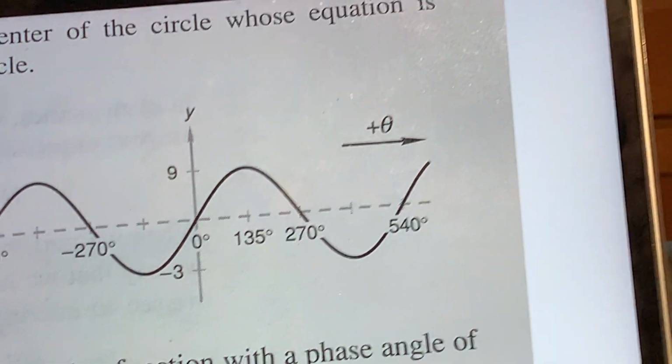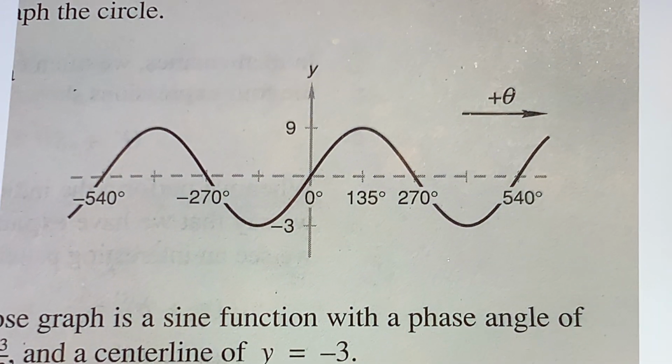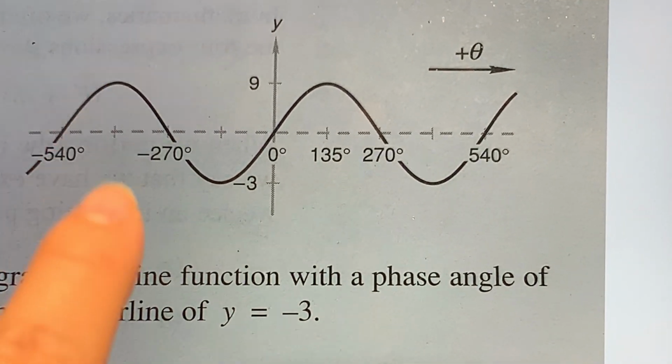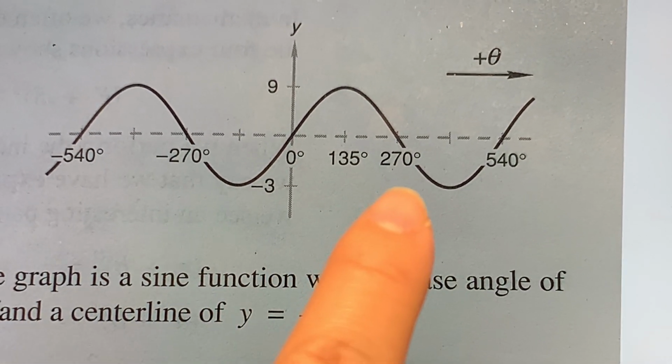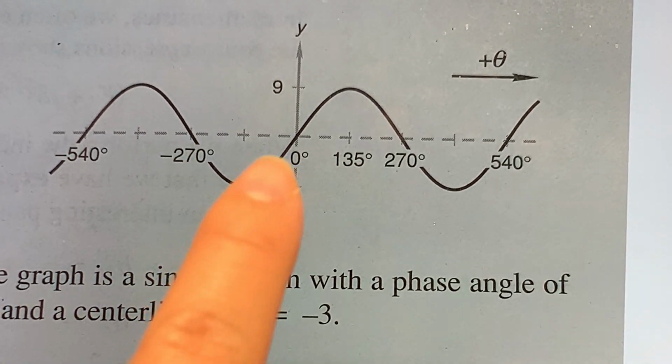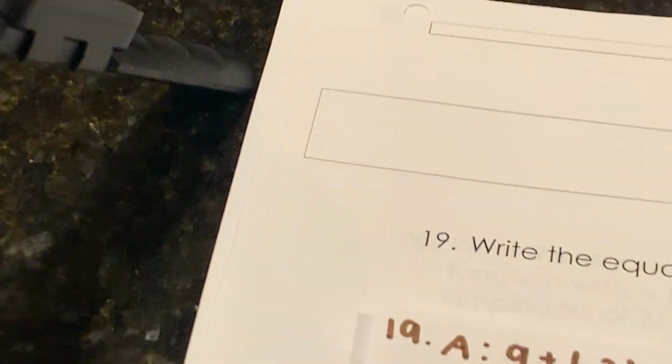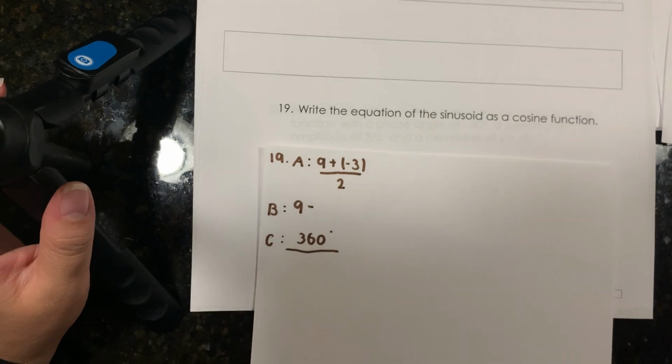And the length of the period in this case, we're going to calculate from -270 to 270. So that circles down, through the x-axis, and ends here. So the length of the period will be 270 plus 270.